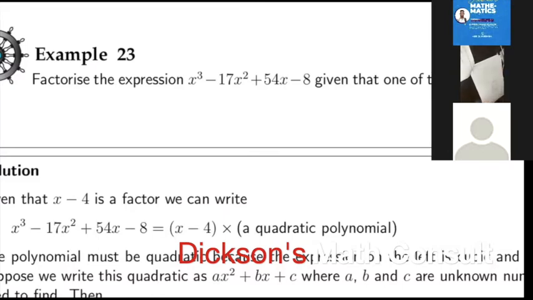So now this is negative 16 plus 46, because 54 minus 8 is 46. 46 minus 16 is 30.